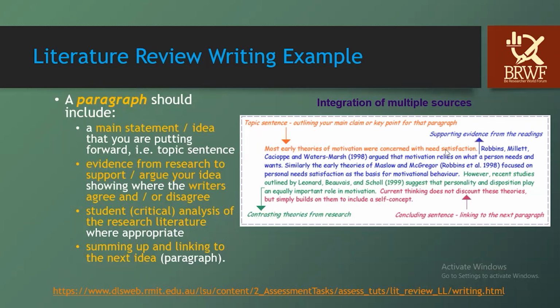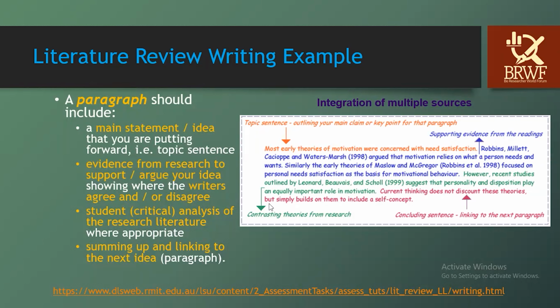This is again need satisfaction, focused on personal needs, need satisfaction as the basis of motivation. But this is contrasting: studies outline that personality and disposition play an equally important role in motivation. And again, they provide evidence from the research.